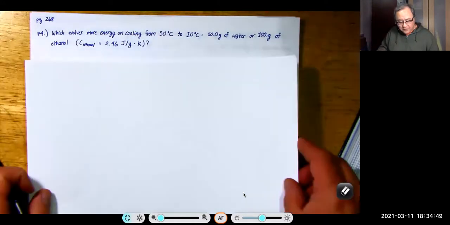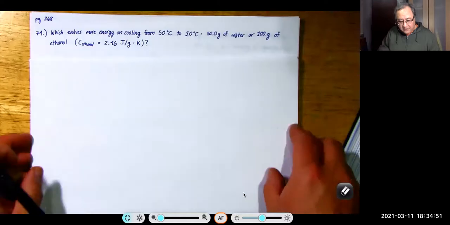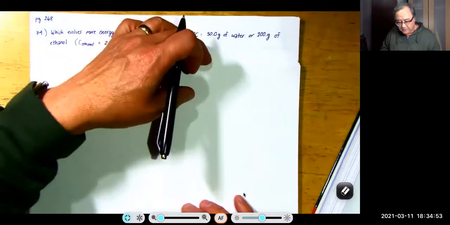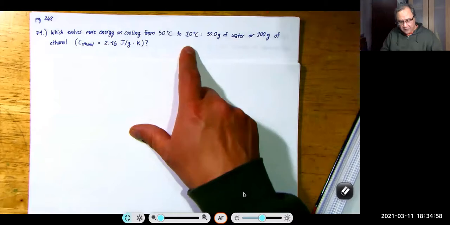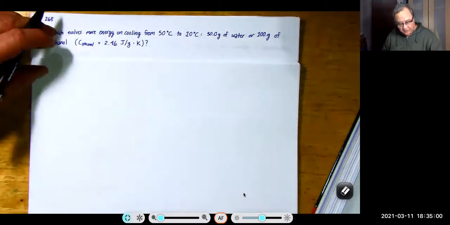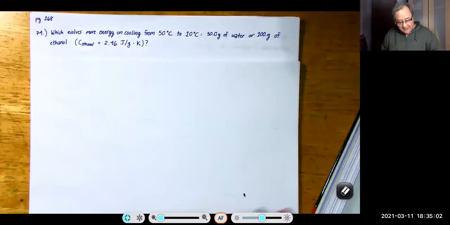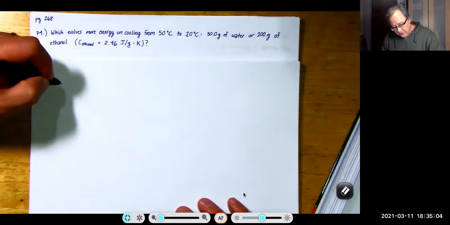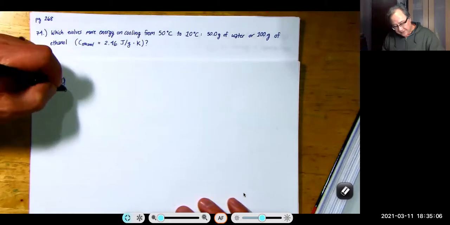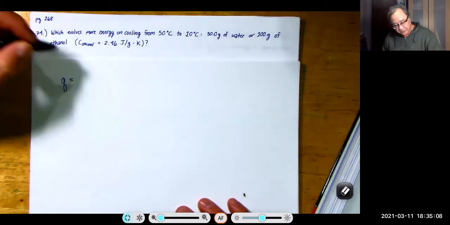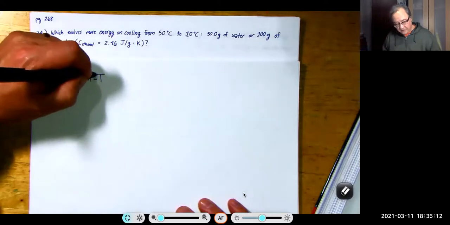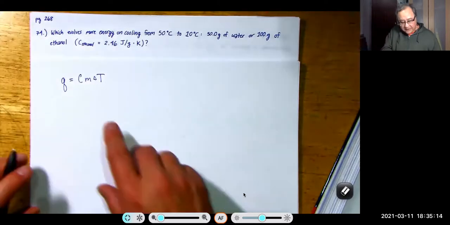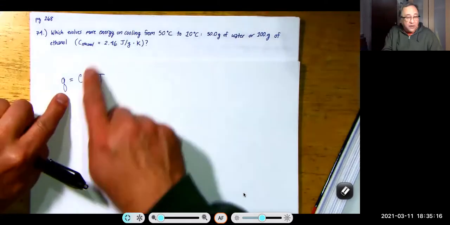Which evolves more energy on cooling from 50 degrees Celsius to 10 degrees Celsius? So this is one of those ones where we simply use the specific heat capacity. So Q is equal to specific heat capacity times mass times delta T. So we want to calculate which one evolves more energy.